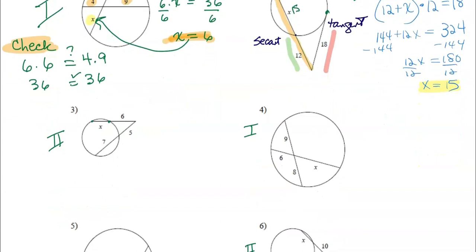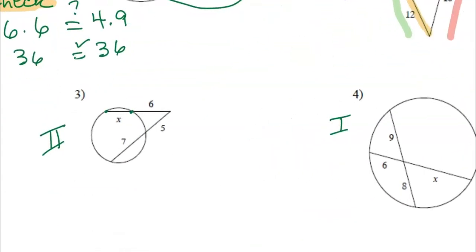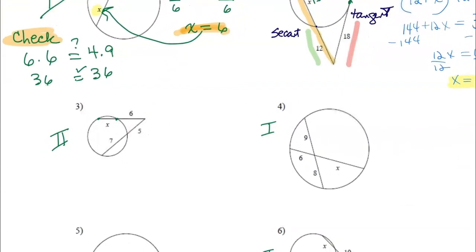Okay, looking at this next one. These two lines that are coming into the circle are secant lines. So that's why this is part 2, or theorem 2. So our setup is this. So I'll change color.